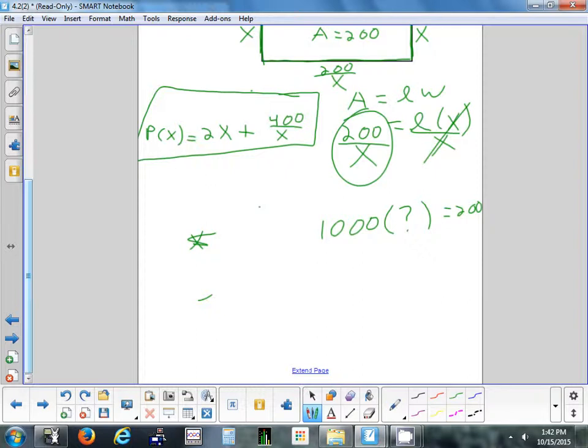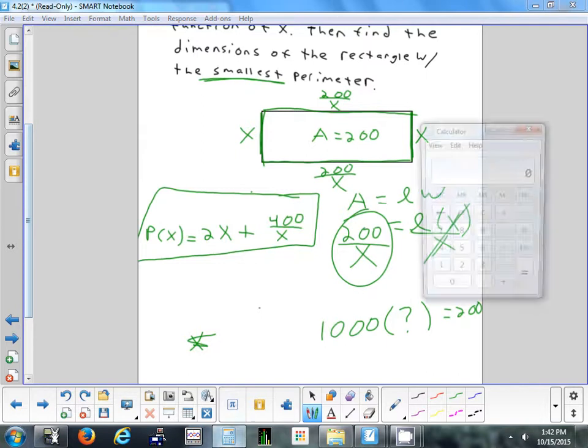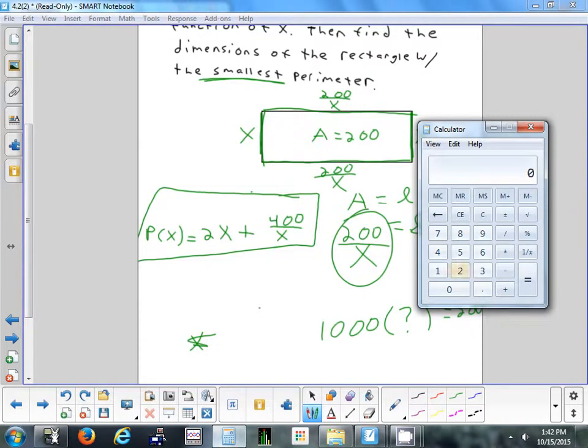So the perimeter would be about 56, but the width would be 14.14. How would I get the length? Divide 200 by 14.14.